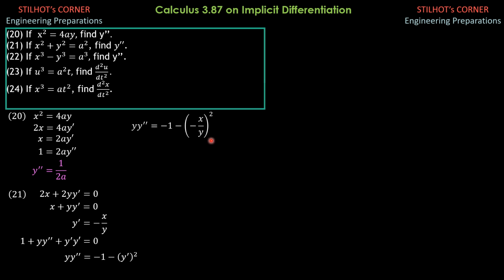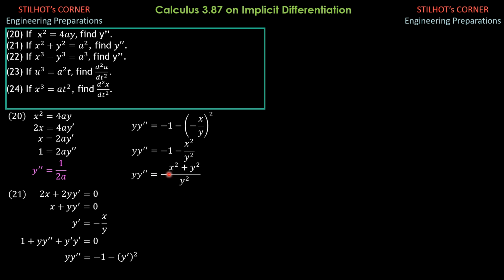And cross multiplying, we have negative y squared minus x squared all over y squared, or negative of the quantity x squared plus y squared over y squared.